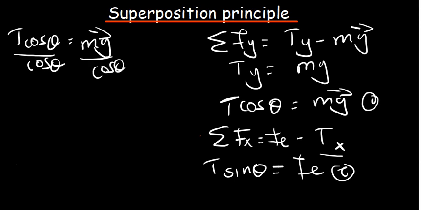I'm going to have T is equal to mg over cos theta. Now this T which we have here and that T are the same, so I can replace T with what I have there.